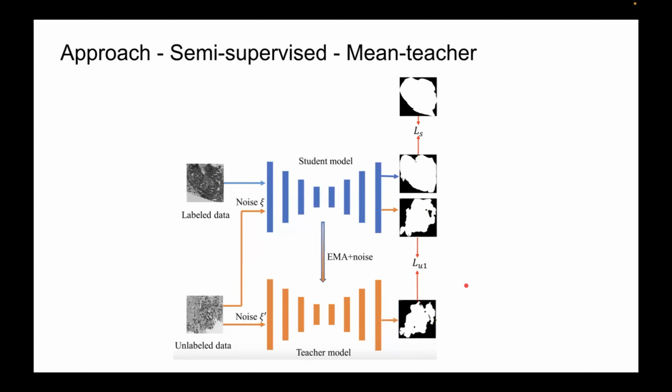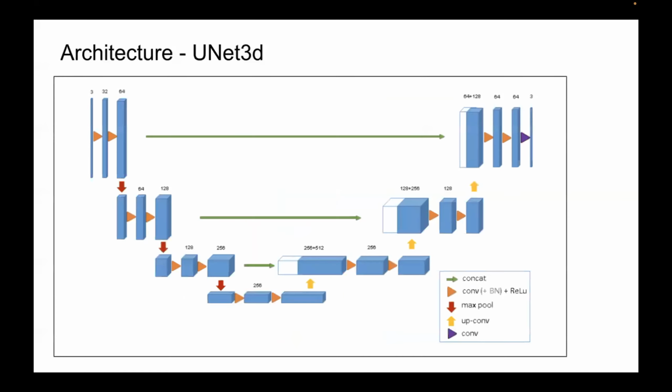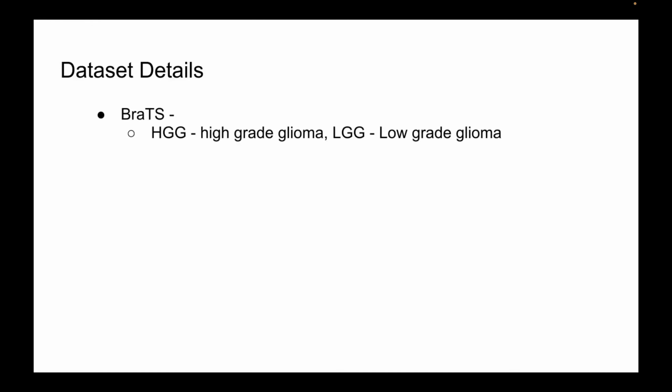So this is a high-level overview of the architecture. The proposed architecture I'm using right now is a simple 3D UNet, a simple encoder-decoder based architecture.